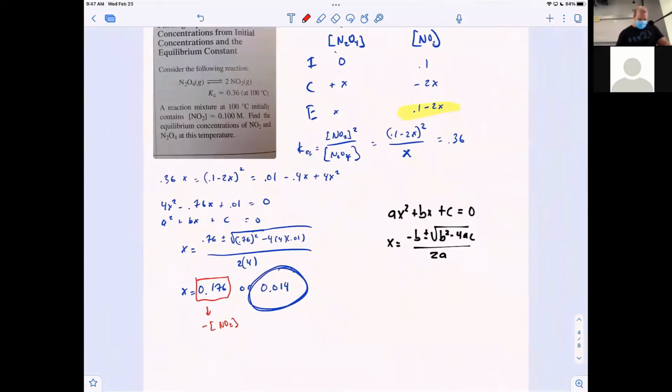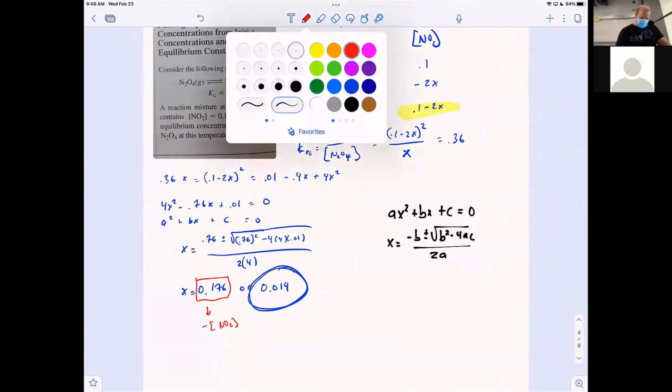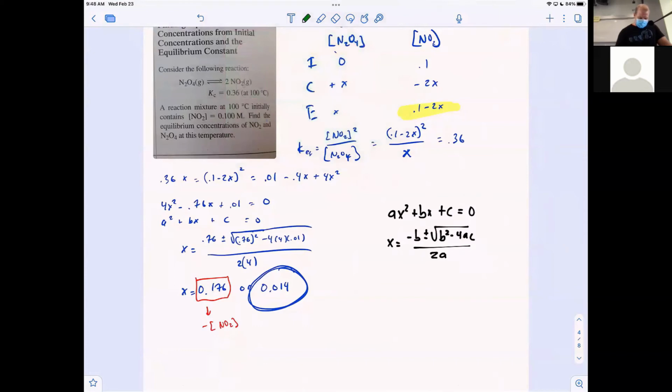The problem is to find the equilibrium concentrations of NO2 and N2O4. So we have the extent of reaction, and then the equilibrium concentration. So this is our answer.